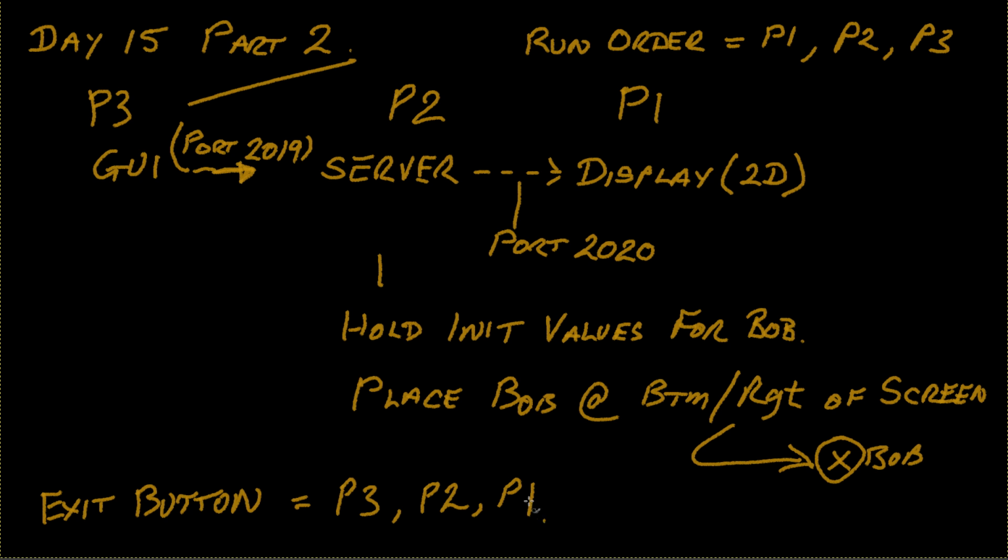Because P1 depends on P2 and P2 depends on P3. So P3 has to bring down P2 and P2 has to bring down P1. There's got to be an instruction, a 0 that gets passed along the line, and they'll all just close down. It already works with the server. If the GUI passes 0 to the server, it'll shut down as long as it's the last person to pass the 0.